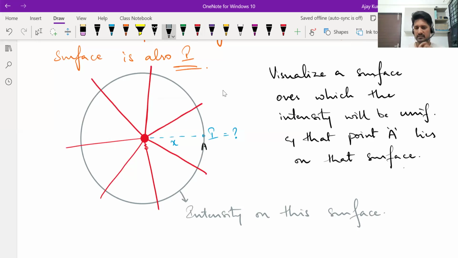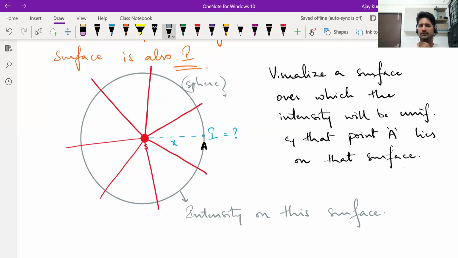Whatever is the intensity on this surface, the same will be the intensity at that point A which you are given. That's the idea. Now, what is the shape of this surface? It looks like a circle, but it's actually a sphere of radius x.